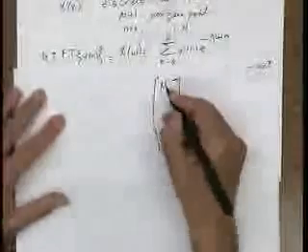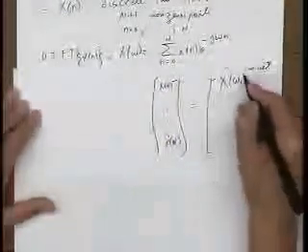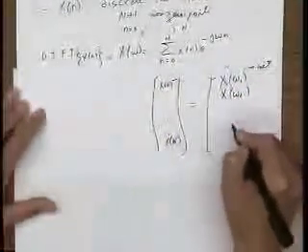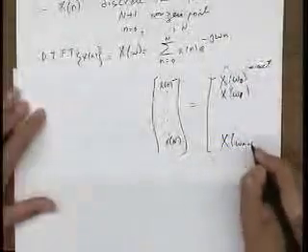you have a matrix equation of x of 0 all the way to x of n, and this is equal to x of omega 0, x of omega 1, all the way to x of omega n plus 1.